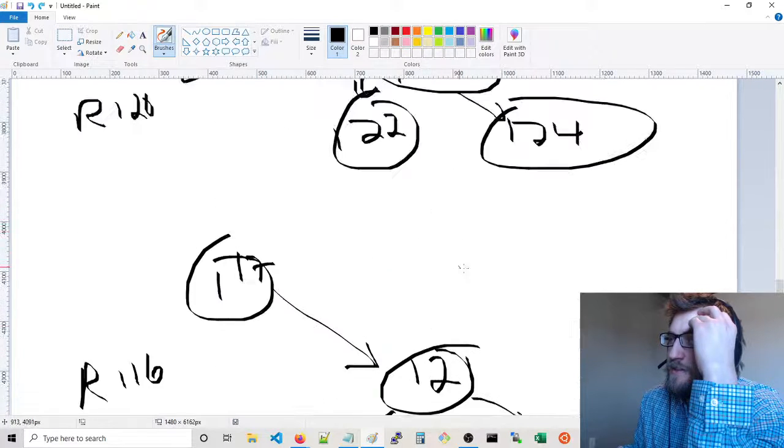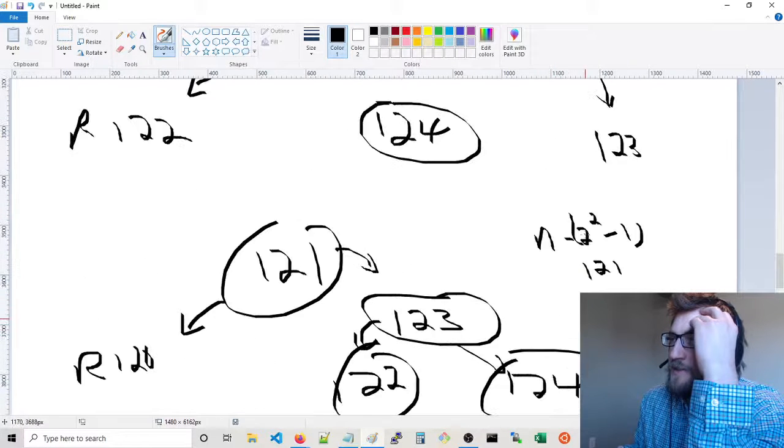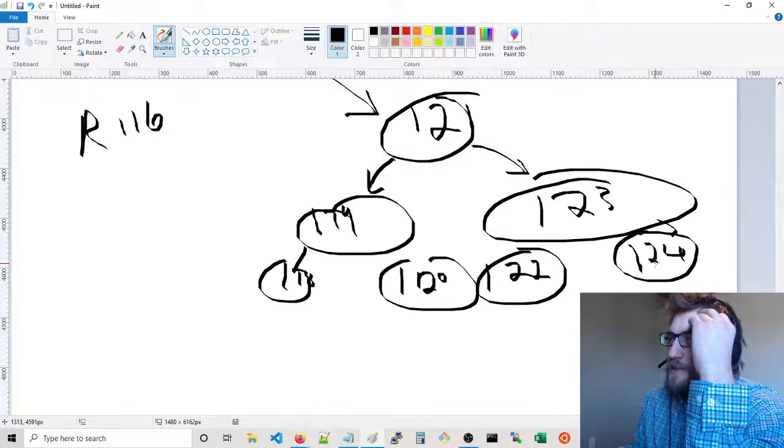Then this is 2 cubed, 8 minus 1 and minus 7 is 117, right? Minus 24.